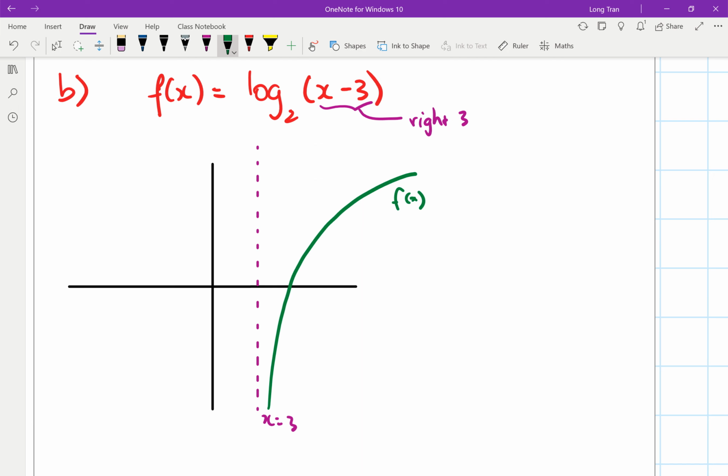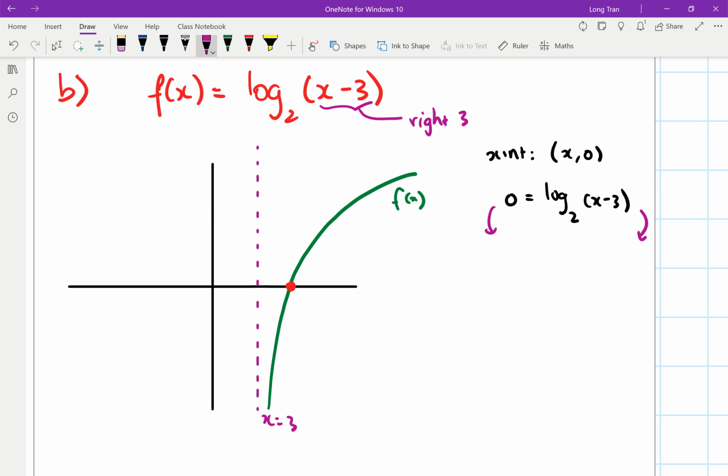You do need to find, in this case, the x-intercept, which is this point. So to find the x-intercept, again, we know that y must equal 0. So here we go, 0 is equal to log base 2 of x minus 3. And again, how do you solve this? Get rid of that log base 2 by doing the inverse.